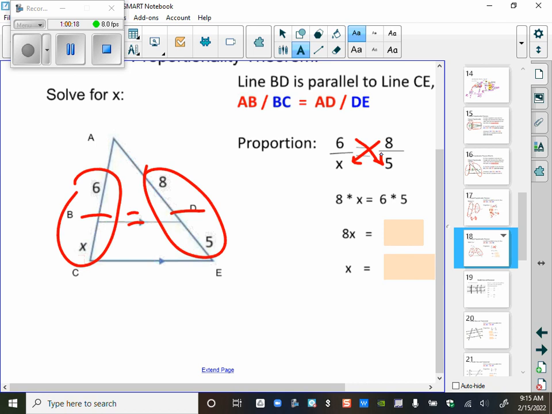So 6 times 5, what number do we get? 6 times 5, are we awake? 30. And then last step to get that x, what do we have to do? Divide by 8. 3.75. You will get a decimal, 3.75.